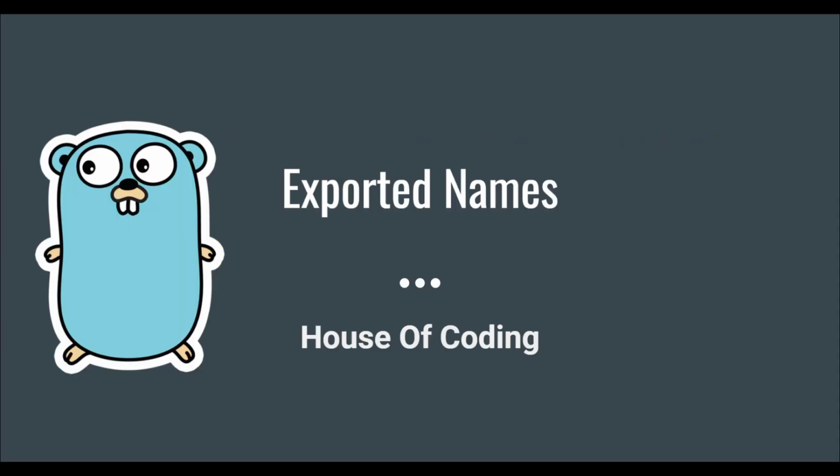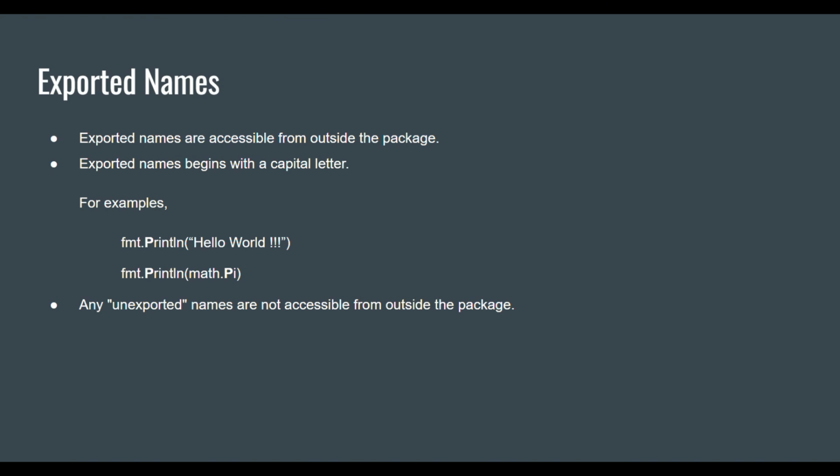Exported names. In Golang, a name is exported if it begins with a capital letter. Exported names are accessible from outside its own package. For example, if we are going to import the fmt package, a commonly used function of that fmt package is Println, as shown here.